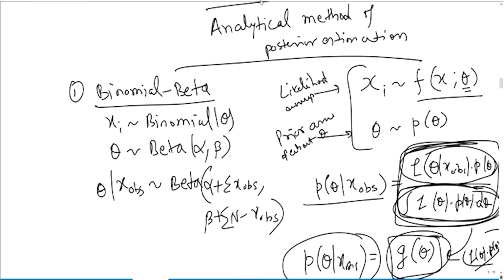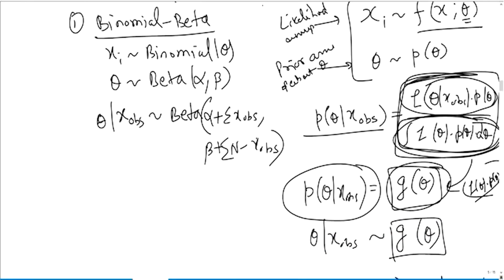So this is a case of conjugate priors for the binomial likelihood. When you have a binomial likelihood and you choose a beta prior on theta, only then can you derive this. If you have a normal prior on theta, then you cannot derive this. Then it won't be possible to integrate this likelihood times prior.